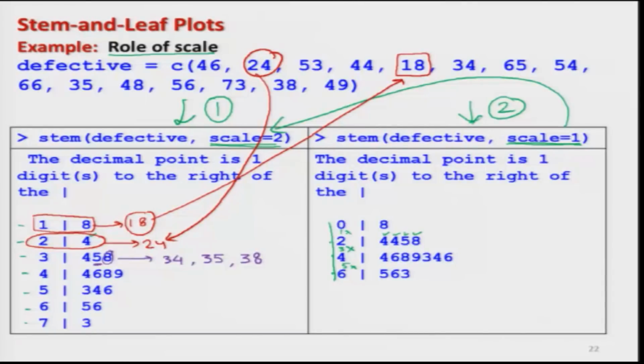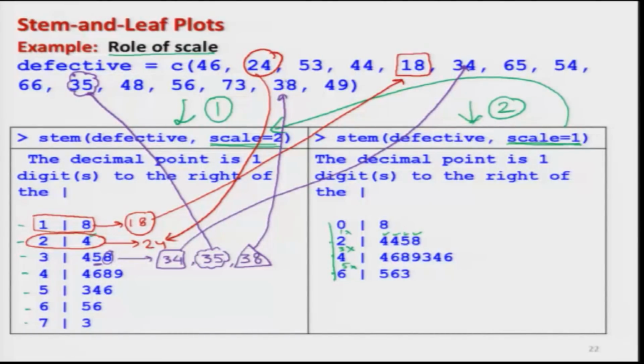So, the number is 38, and you can see that these numbers are present in your data: 34 is present here, 35 is present here, and similarly 38 is present in this data.